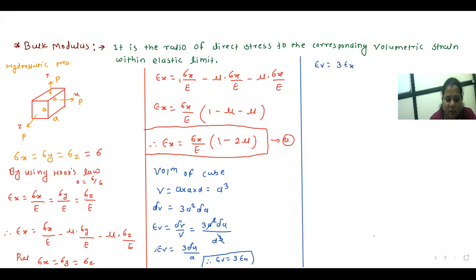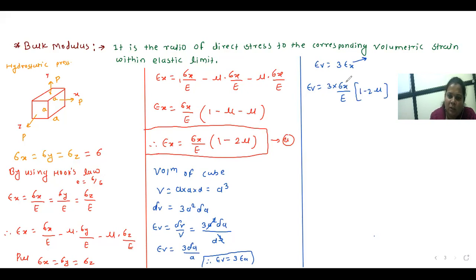So what equation did we get here? Volumetric strain is equal to 3 times the strain generated along any plane. So epsilon V is equal to 3 into epsilon x, and this epsilon x value we have already calculated in equation A. So epsilon V is equal to 3 into sigma x upon E in bracket 1 minus 2 mu.